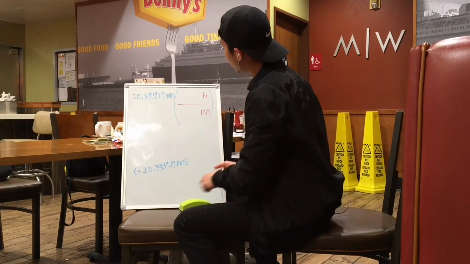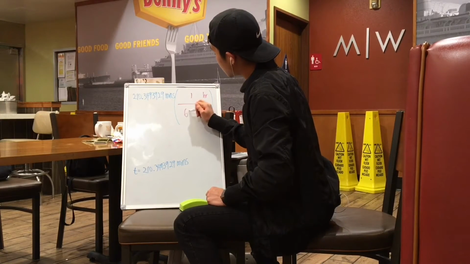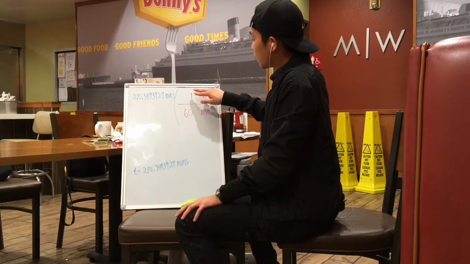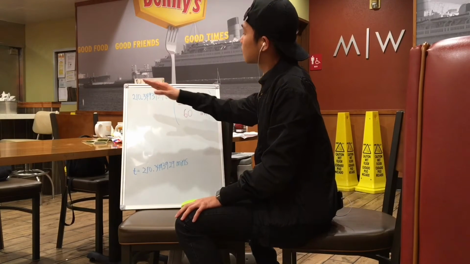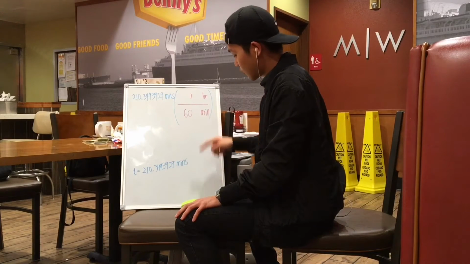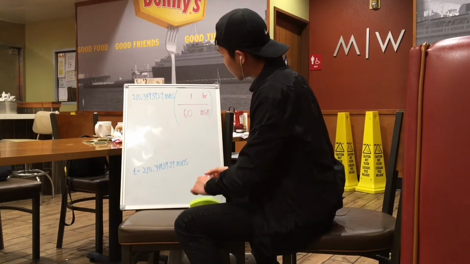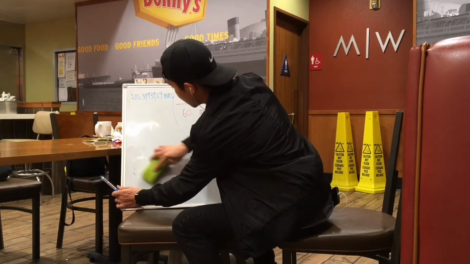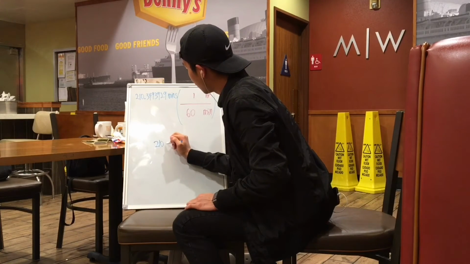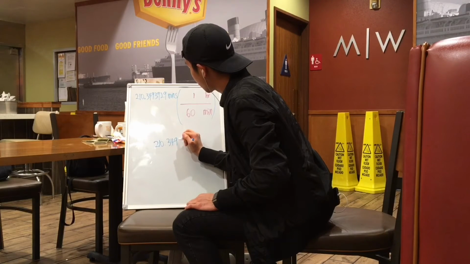Okay, so let's try this. In 1 hour there's 60 minutes, right? Because 1 hour is 60 minutes, you're canceling out minutes, that's why you're putting 60 minutes on the bottom here. Now you should get 210 point, those decimal points right there.